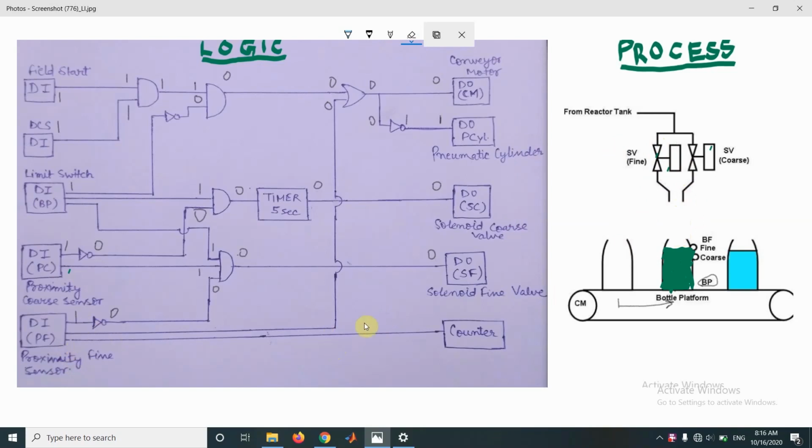Now, with this, the counter is incremented by 1, and also this input now becomes 1.